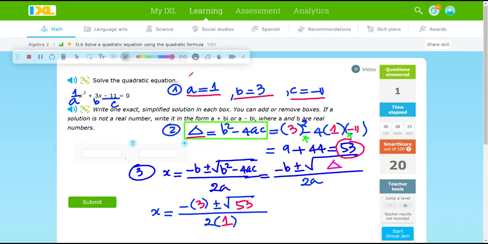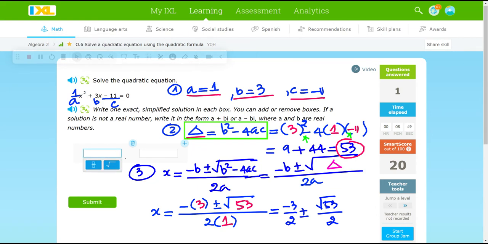Otherwise, I won't take it. So now, break them apart. Subtract 3 over 2 plus minus square root of 53 over 2. So I put my answer right here in the first box.